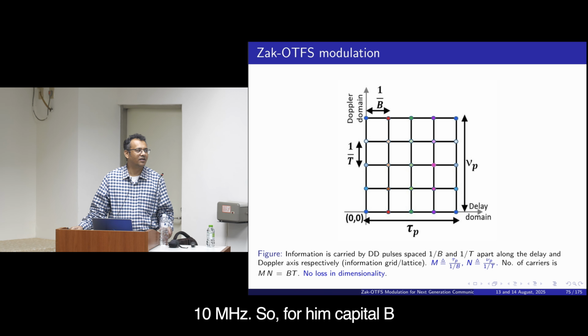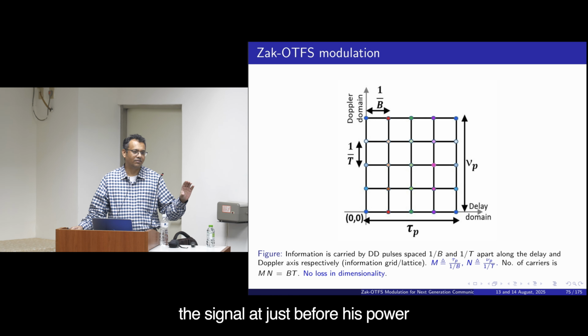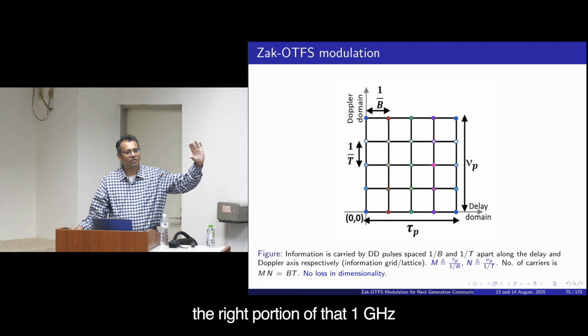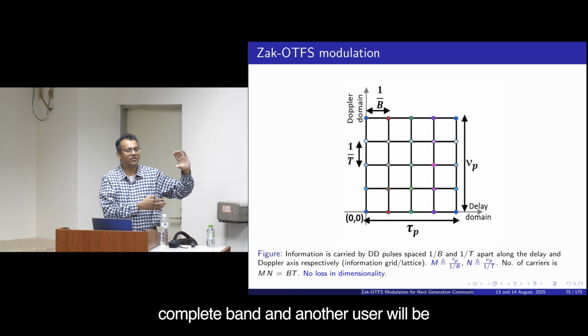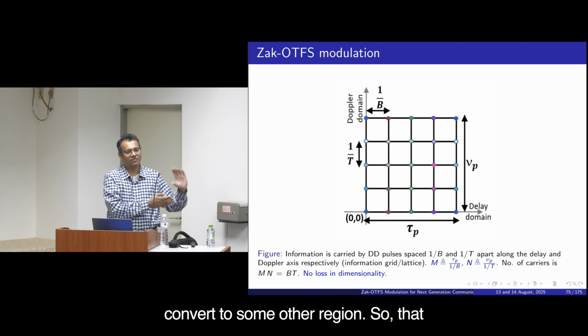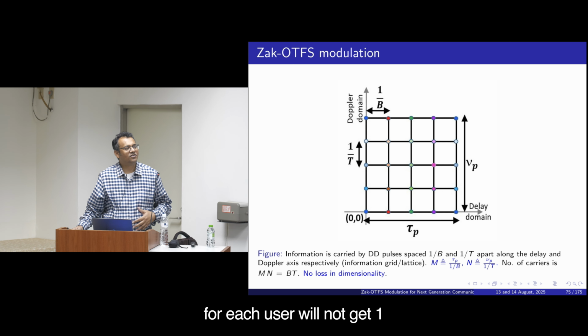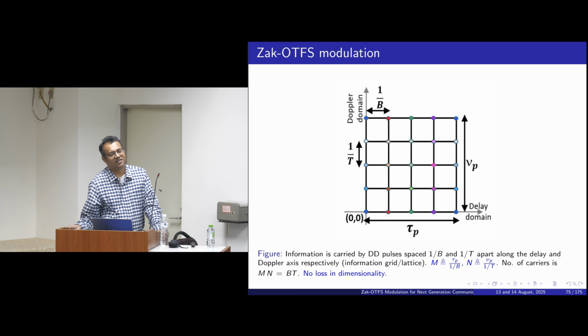For him, capital B is going to be 10 megahertz, and the signal just before his power amplifier, he needs to upconvert to the right portion of that 1 gigahertz complete band. Another user will be allocated some other region, and he'll upconvert to that region. So that is how it will work. Each user will not get 1 gigahertz, maybe 10 megahertz or so. Okay.